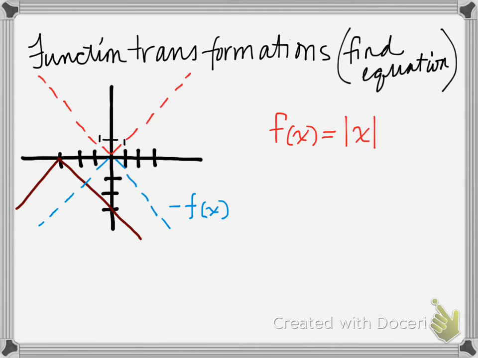And then the next thing that we see here is that this function is moved 1, 2, 3 to the left. So what happened to f of x now? F of x is now negative f, and then 3 to the left means plus 3 is going to move me 3 to the left.